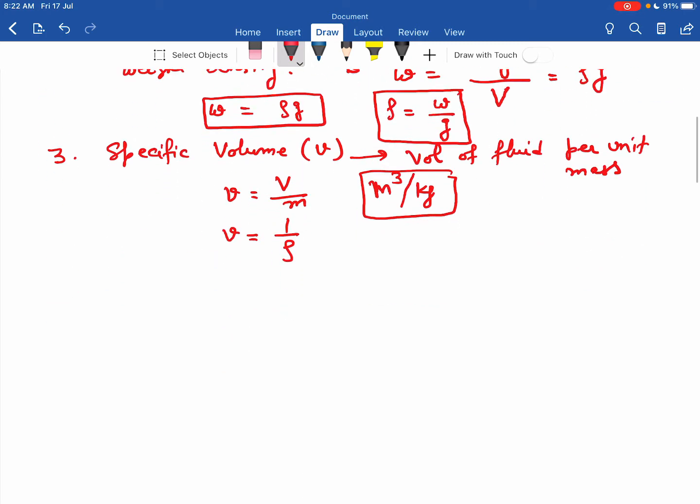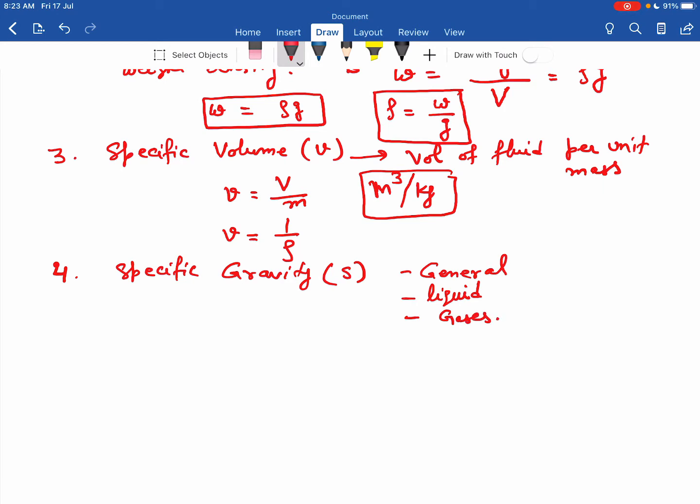Then another important property of fluid is specific gravity. The symbol is S. Now this specific gravity has three definitions. One is the general definition, second is the definition for liquid, and third is for gases.